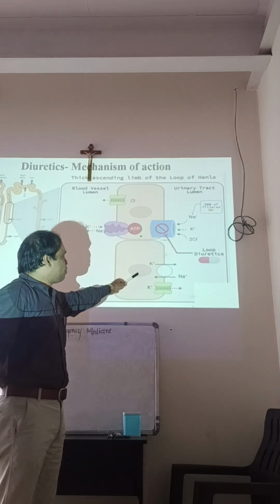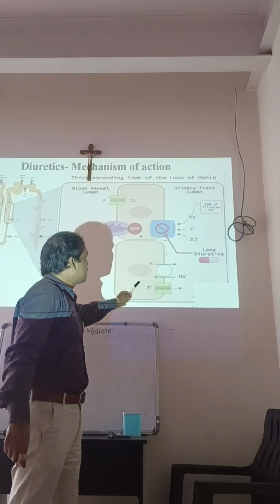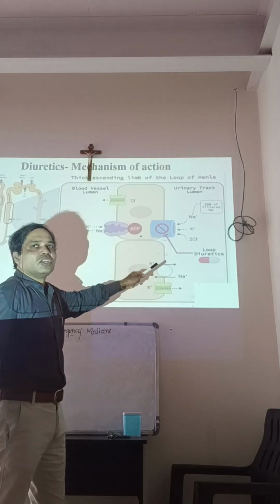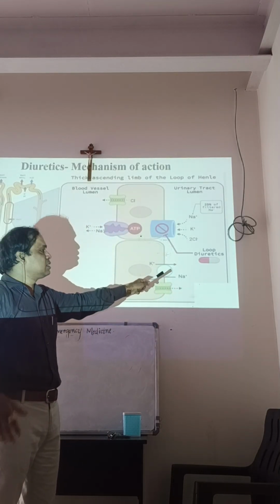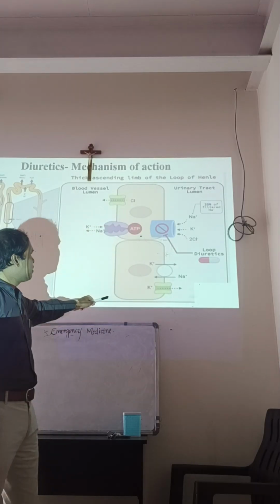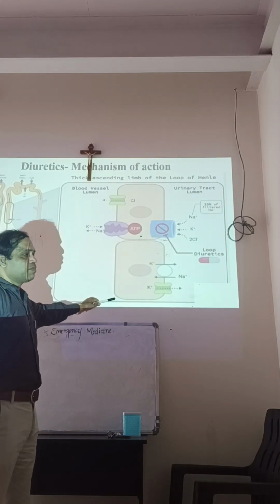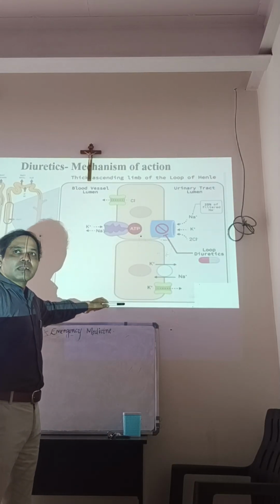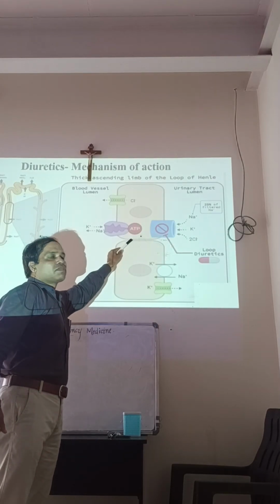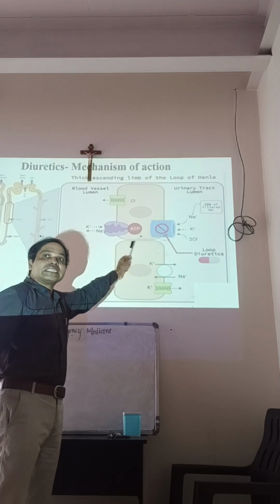So because of the increase in potassium, it exits again through the lumen. Now the lumen positive potential will increase, and that is the driving force for absorption of calcium and magnesium. I have not written it here. Calcium and magnesium are reabsorbed through the paracellular pathway. The pathway between the cells is called the paracellular pathway.